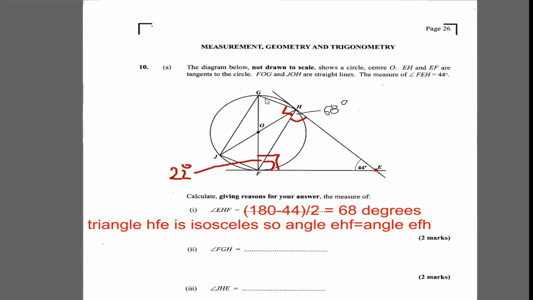And so this angle is going to be 180 minus the sum of 22 plus 90.